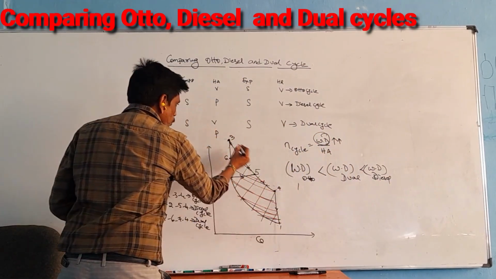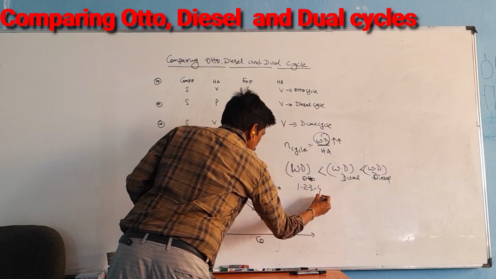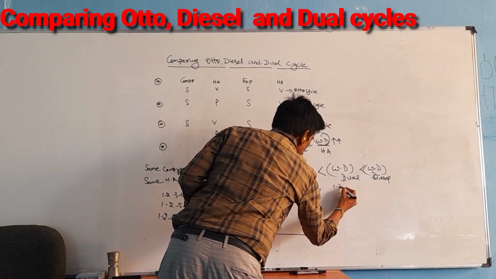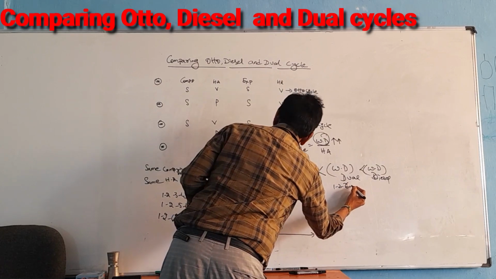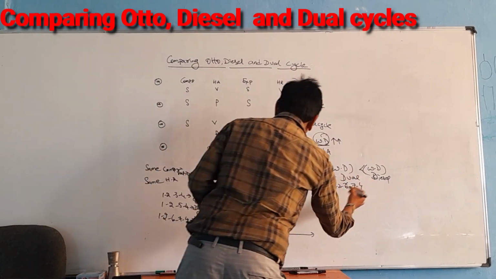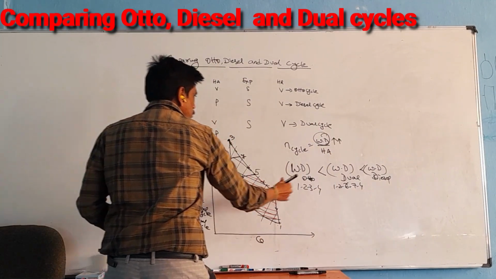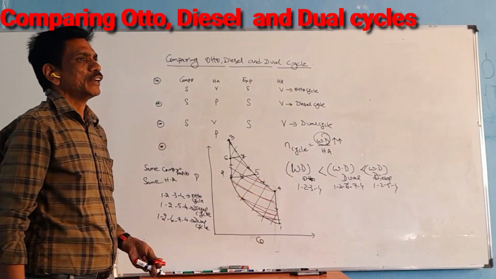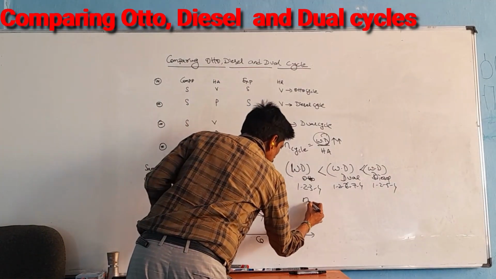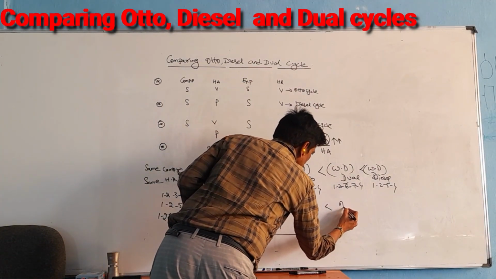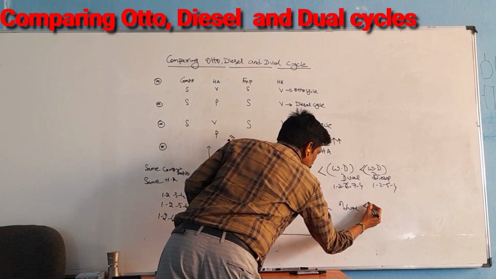So 1, 2, 3, 4 work is high, that represents the Otto cycle. 1, 2, 6, 7, 4 is the dual cycle, followed by the diesel cycle 1, 2, 5, 4. The efficiency is high for the Otto cycle, then the dual cycle, then the diesel cycle.